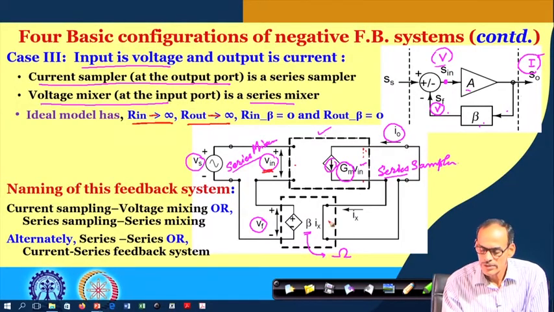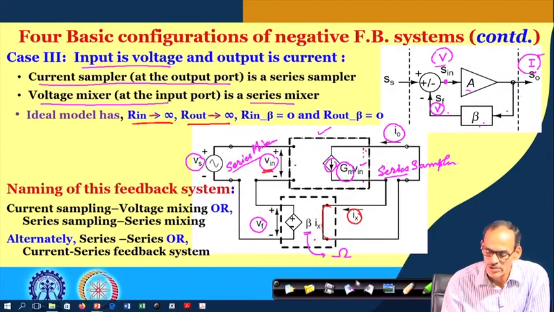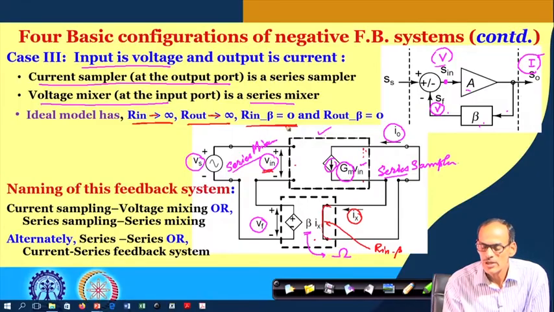and on the other hand the feedback path, it is sensing the current, and to avoid the loading effect, as I said that we are trying to be doubly sure that loading effect is not there. So, the input resistance here, if I call R in underscore beta, should be as small as possible, ideally 0, and at the output port of the feedback network, since we are generating voltage, again to avoid the loading effect, the corresponding output resistance here R out underscore beta should be 0.